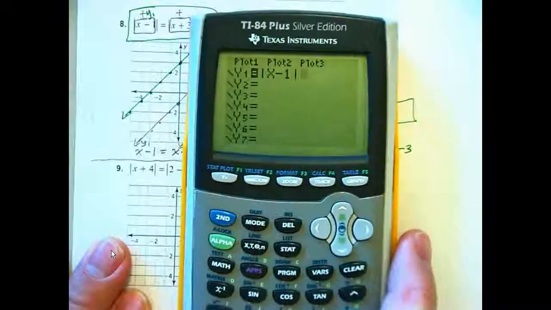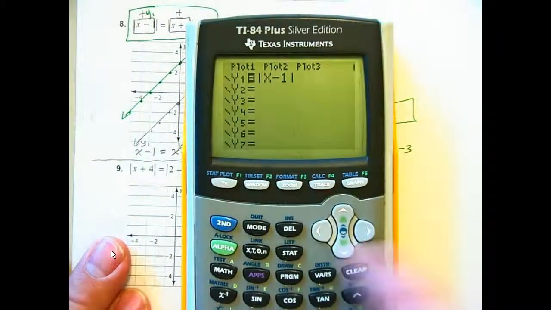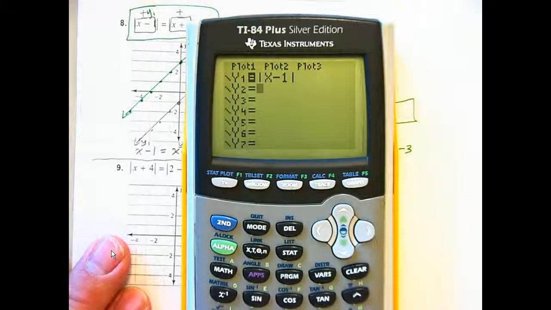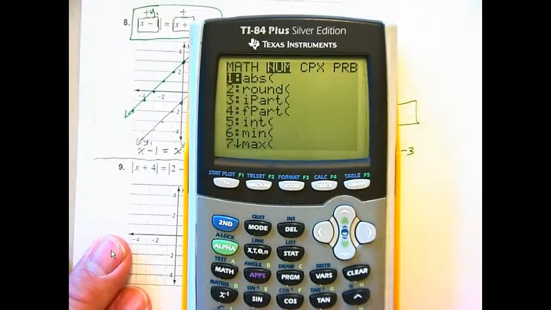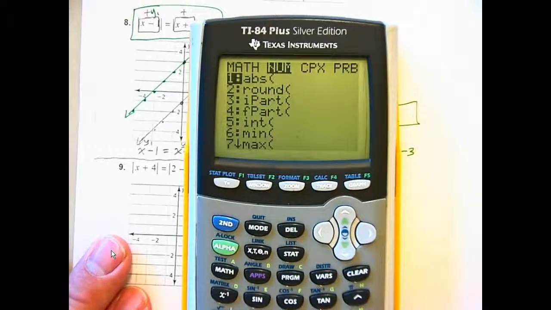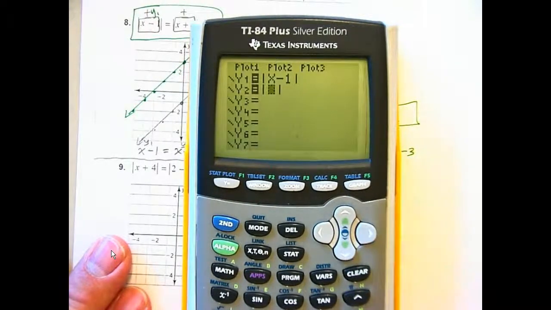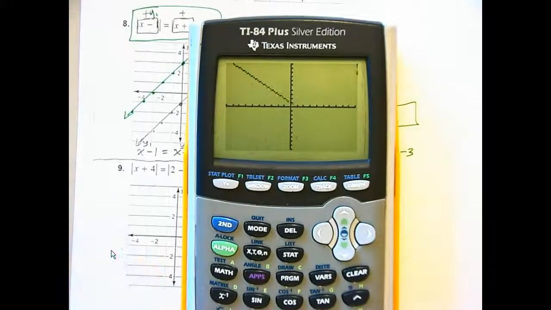Do it again. You go to math, you go to number, and then you select option 1. X plus 3. And hit graph.